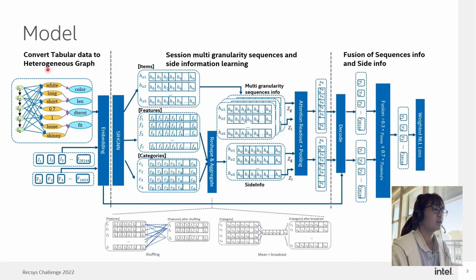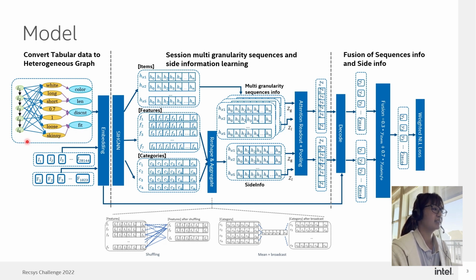Each session will be built into a graph, like the one at the side. There are three types of nodes in the graph. The first type of node is item, which means when the user views one item, then the next item, it will just link as the item sequence.